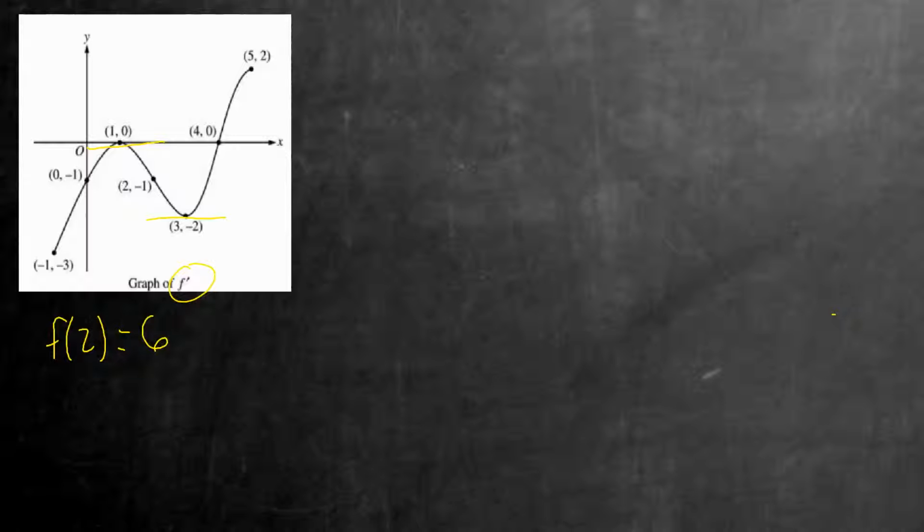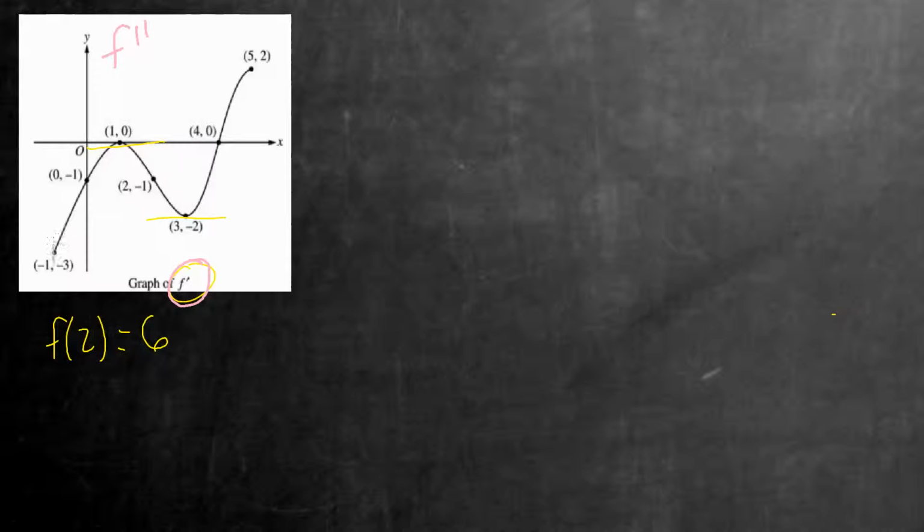All right, taking a look at A. Find the x-coordinate of each of the points of inflection of the graph of f. So this again is the graph of f prime. So the second derivative, f double prime, would be graphing the slopes of f prime.